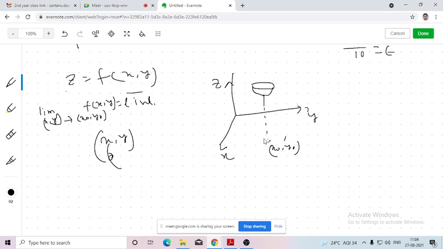Here we need to take a neighborhood around this point, but since this is a 2-dimensional point, unlike the 1-dimensional case, we can't take an interval to find the neighborhood. Rather we need to take a closed region. Either we can take a closed circular region or a closed rectangular region as the domain or neighborhood around this point. Okay, then these are the nearer points.